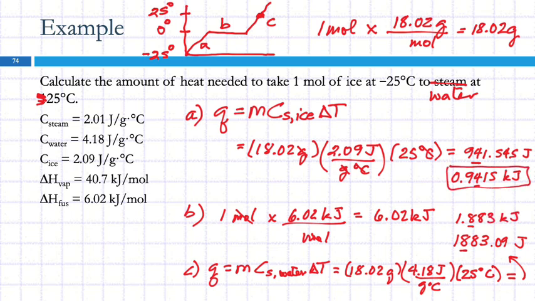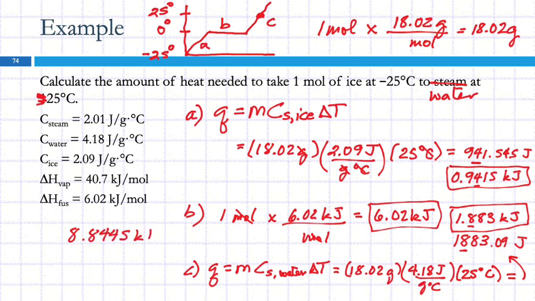So I'm going to take this one, and this one, and this one, and add them together. Calculator's giving me 8.8445 kilojoules.